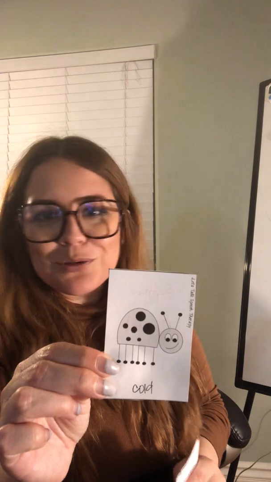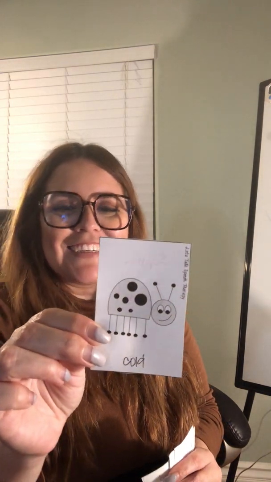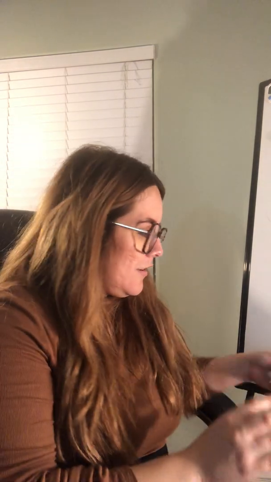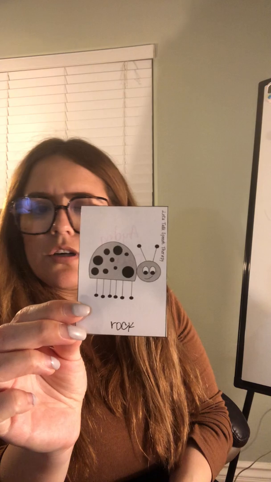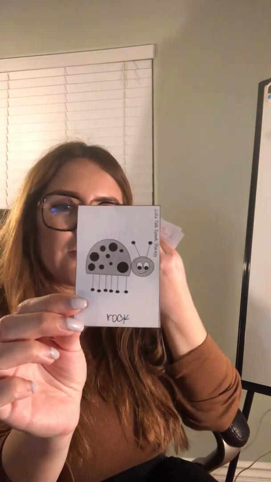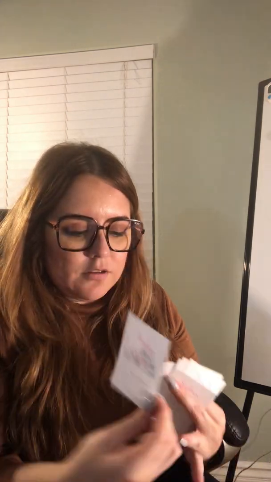Sophia and Chanel, you have cold. You can't use my picture, girls. Cold. And Aiden and Dexter, your word is rock. So think of what rock means. It has two meanings, rock.